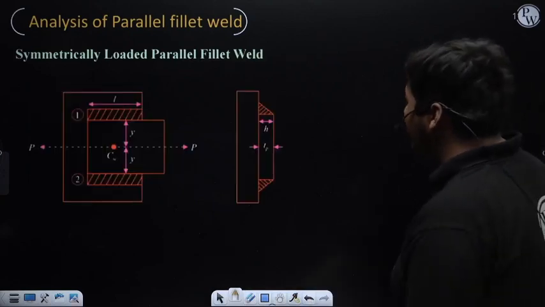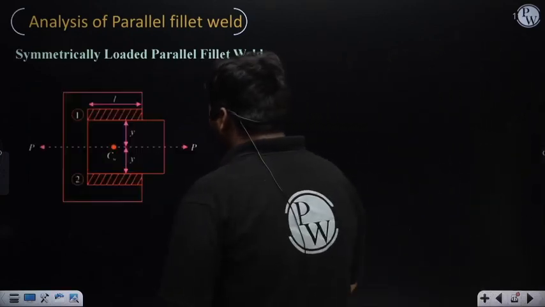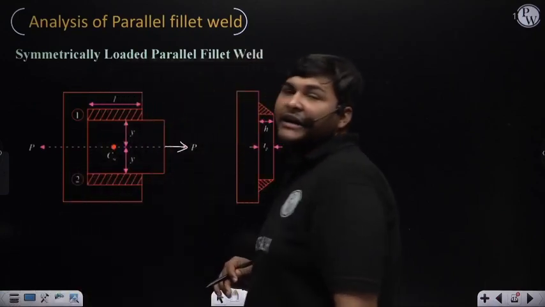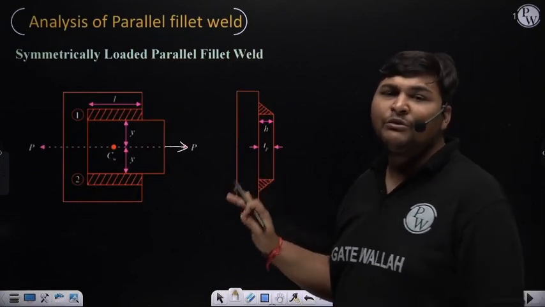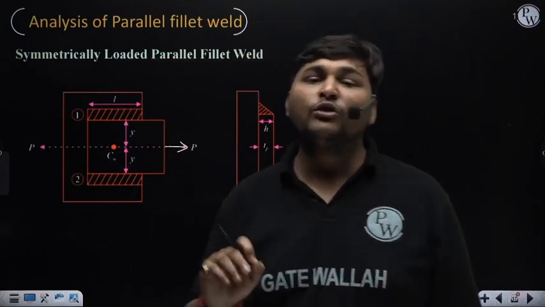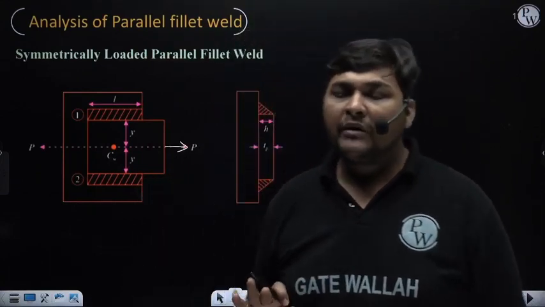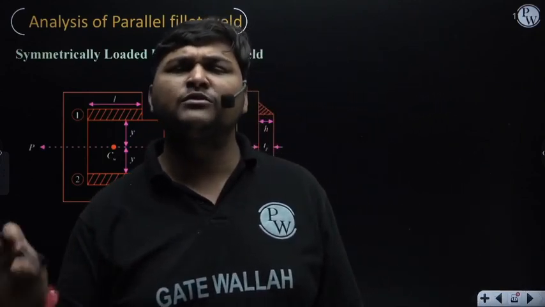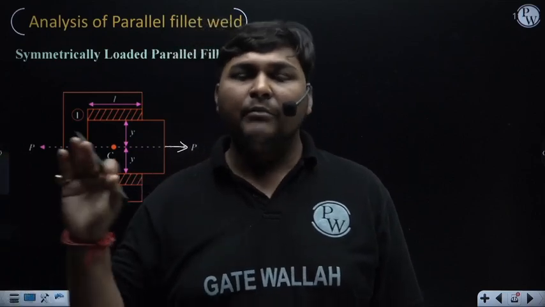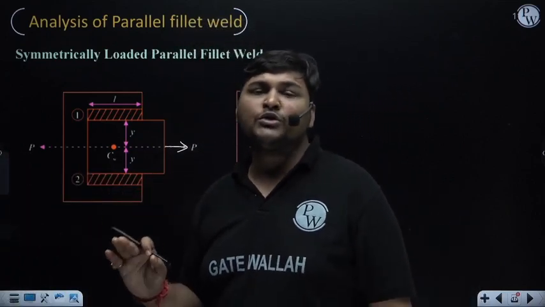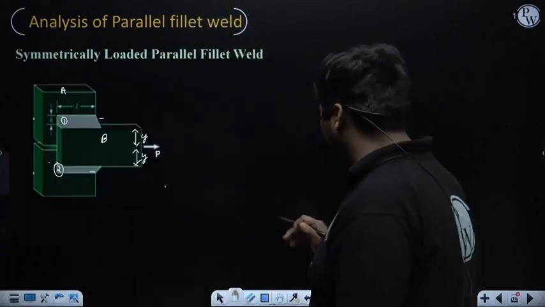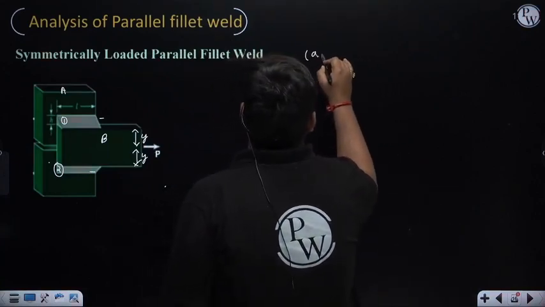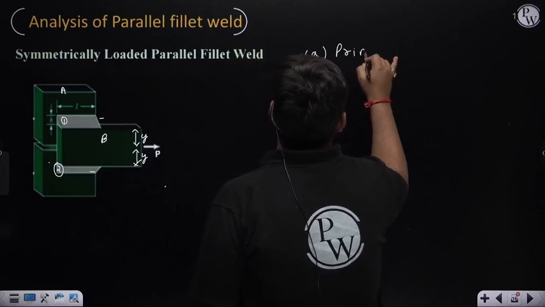Because right now in this case we want only stress due to force to come in the weld. We want no stress due to moment to come in the weld. If stress due to force is coming, whether it is normal stress or shear stress, that is a different thing. But whenever stress due to force comes in our weld, we will name that stress as primary or direct stress.